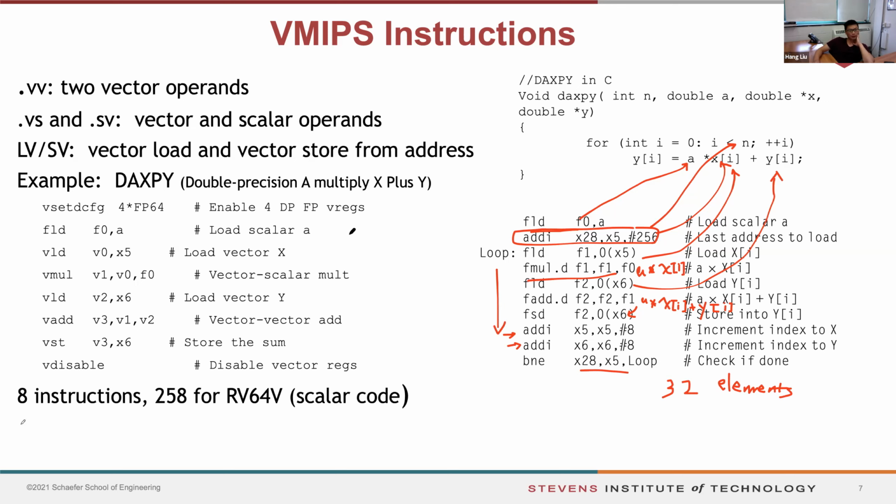What if we do it vectorized, like we do 4 floating point operations per iteration? Load A, which is a scalar, and then load the vector is V load, right? Multiply is a vector multiply, and then we load the Y and do addition and store it back.